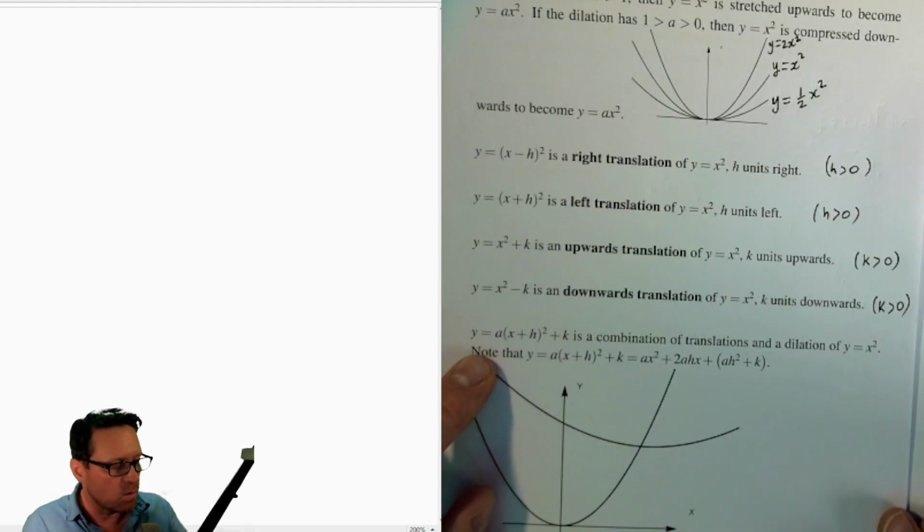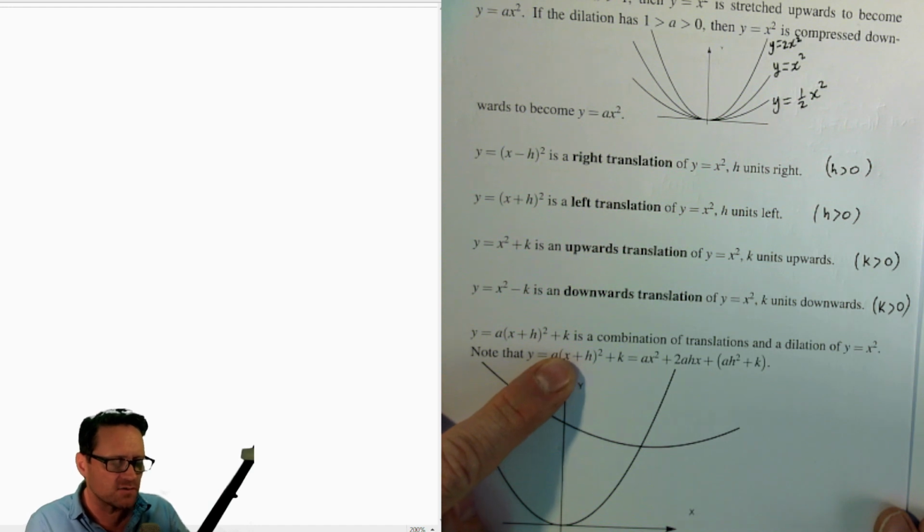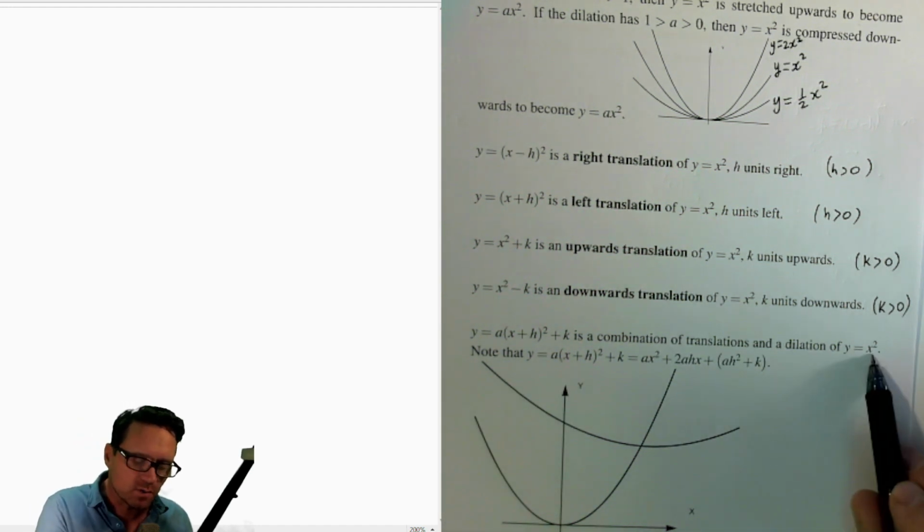Now y equals a(x plus h) squared plus k is a combination of translations and a dilation of y equals x squared.